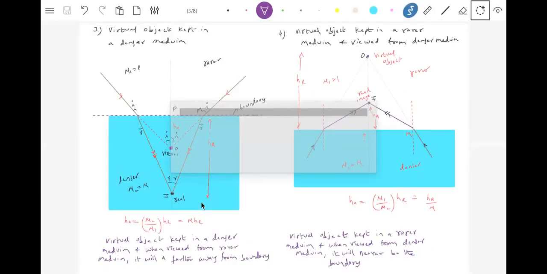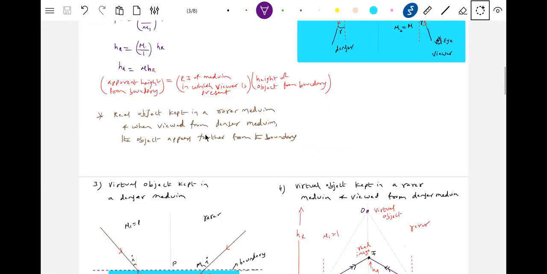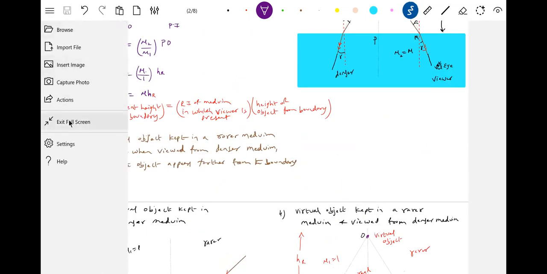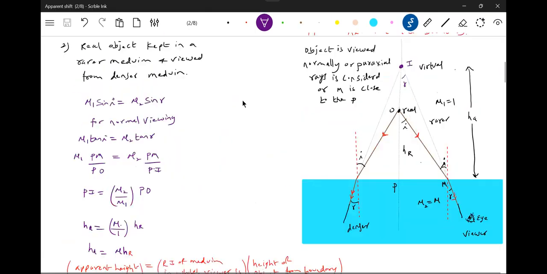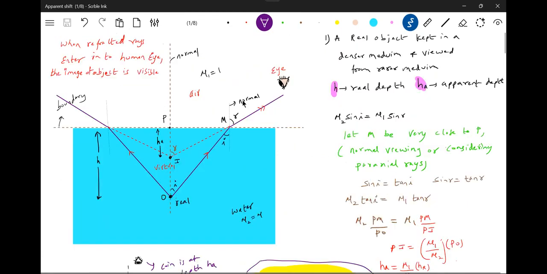Okay, fine. So these are the four conclusions. Very, very important. Let me just briefly summarize. We have started from here, no?